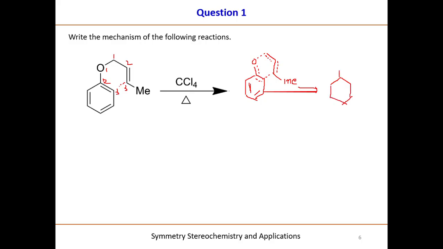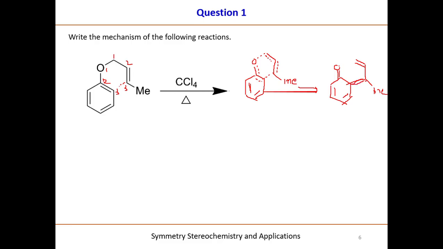So here we have formed the new bond, correct? The methyl group was here. You can see here 3 are now bonded, correct? Now the 1 2 bond is broken. Between 1 and 2 a double bond formation will take place. So here also a double bond, correct? Now everything will remain as it is.